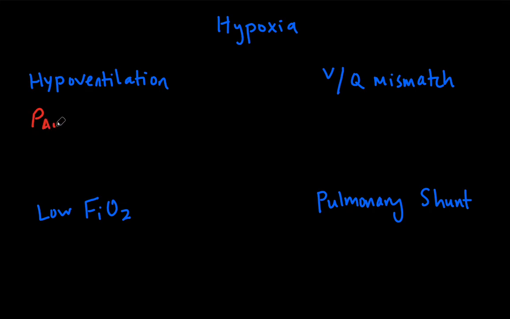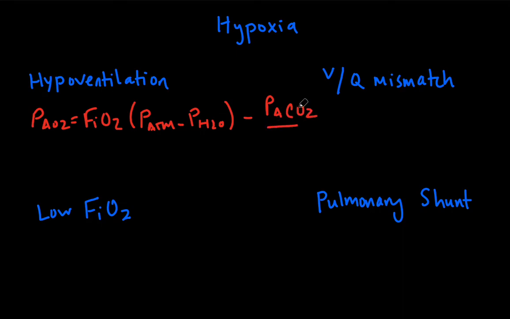PaO2 equals FiO2 times the difference between the barometric pressure minus the pressure of water minus PaCO2 over R, where R is 0.8.